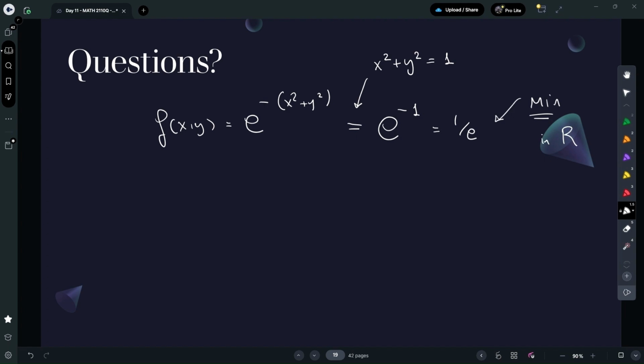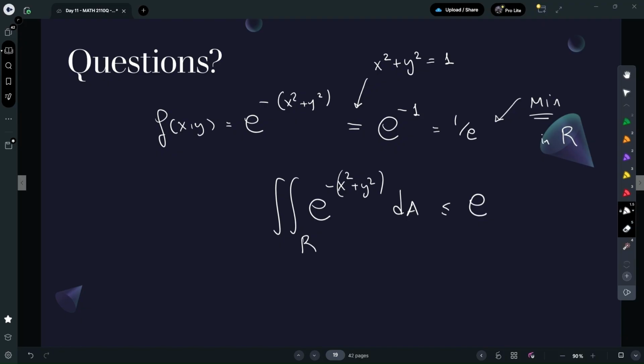So this is the minimum value of the function in the region. So now the integral in the region of this function that I don't know yet how to integrate will be at most the largest value of the function, which was 1, times the area of the region. The region was the circle of radius 1 filled in.